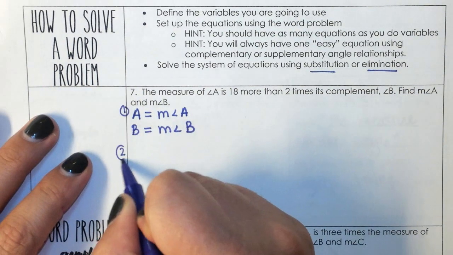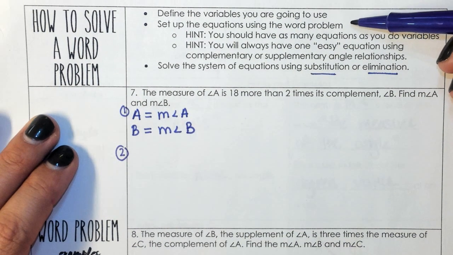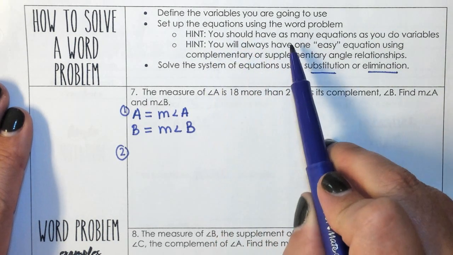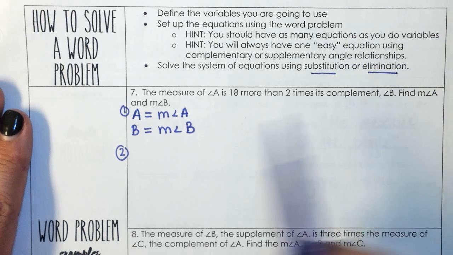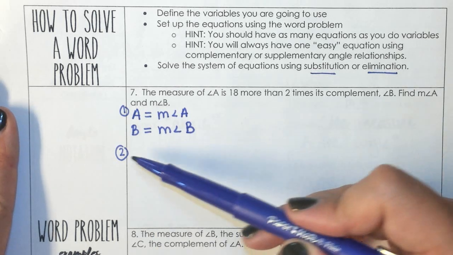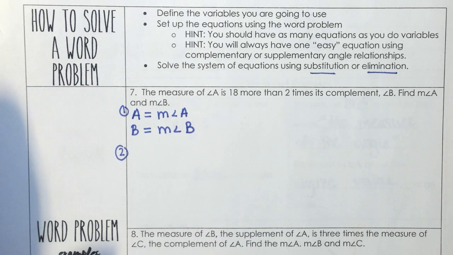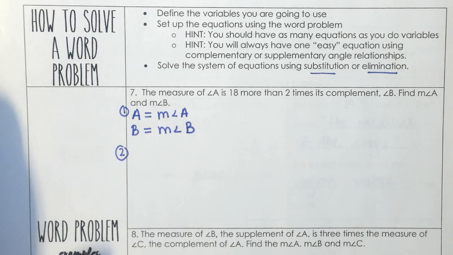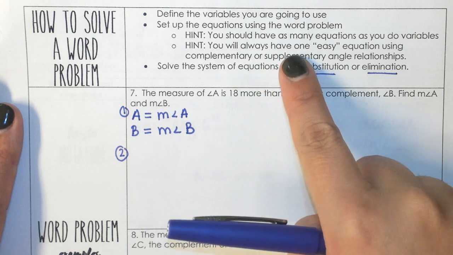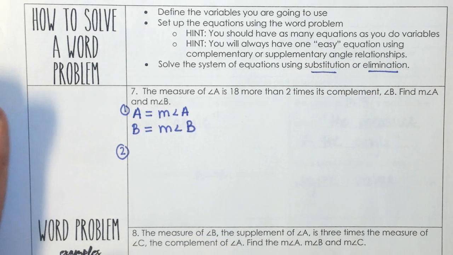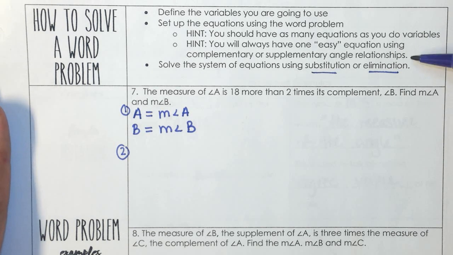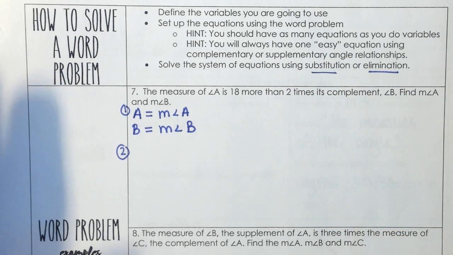Step number 2 is we need to set up the equations using the word problem. So I have 2 hints here for you. Hint number 1 is you should have as many equations as you do variables. So I have 1 variable A and a second variable B, so I know in this step number 2 that I'm going to have 2 equations that I'm going to use. Okay. The second hint here, I know that I'm always going to have an easy equation, or it might be 2 easy equations if we have 3 variables, using the relationship between the angles if they're complements or if they're supplements.